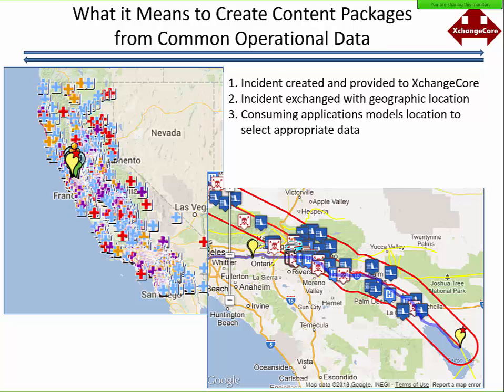Consuming applications take that location information and can then select appropriate data. In this case, and this is NASA's Jet Propulsion Laboratory, this is something that operates all the time, that line of the earthquake fault was then used to find critical infrastructure out of the HAZUS database, critical infrastructure that's within 10 miles of that earthquake fault, thus providing appropriate data.